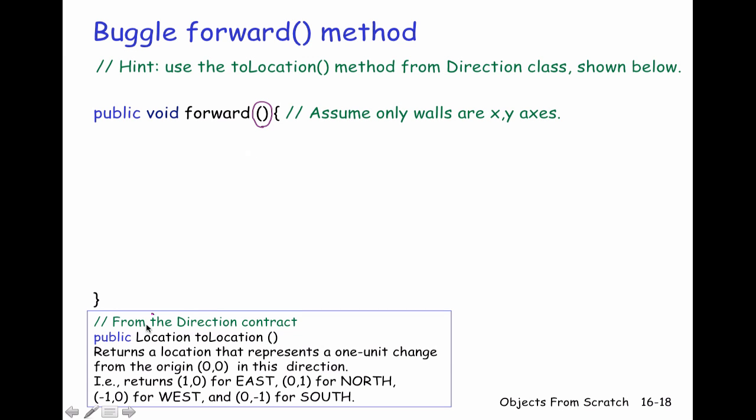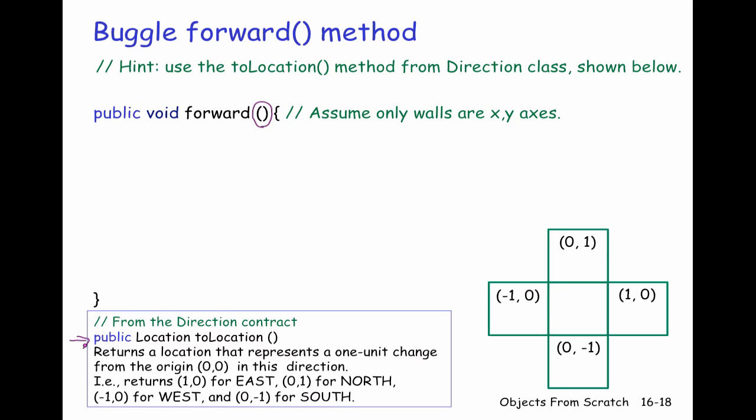But again, we can get some help from the direction class. It turns out that one of the helper methods in the direction class is the toLocation method. And toLocation turns a direction into a location that has zeros, ones, and negative ones.